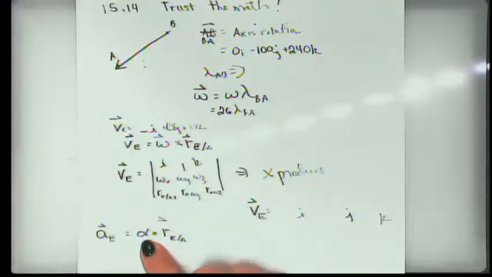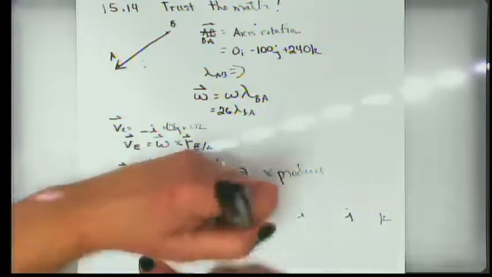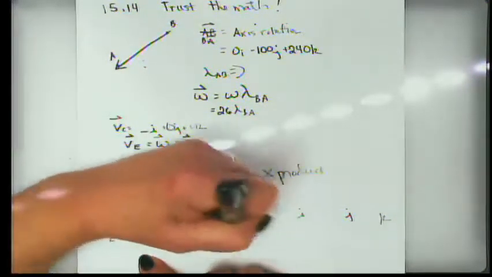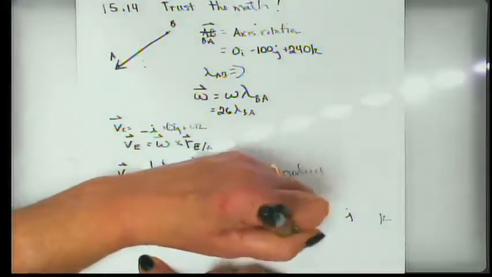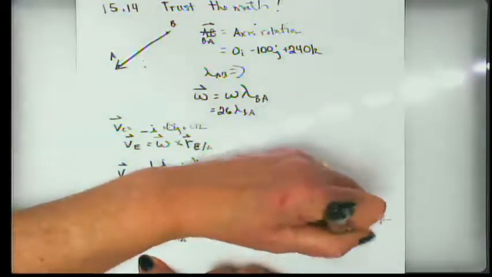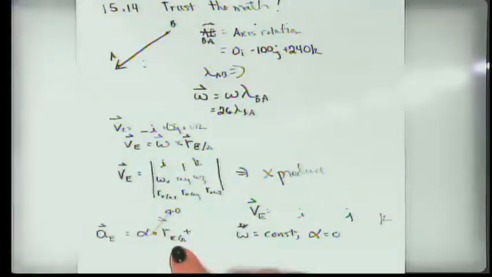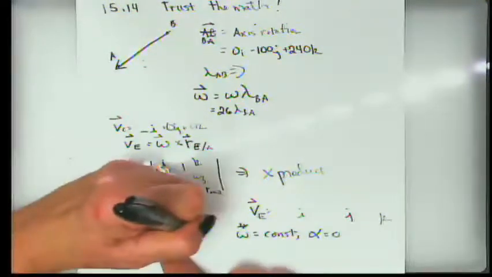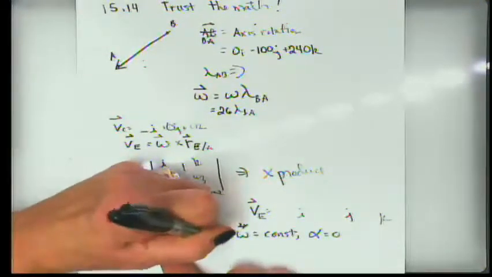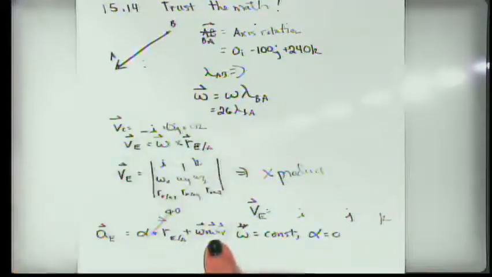It says that the angular velocity, since omega is constant, that means alpha is equal to 0. So this entire term is going to go to 0. And all we're left with for the second part is just omega cross R.